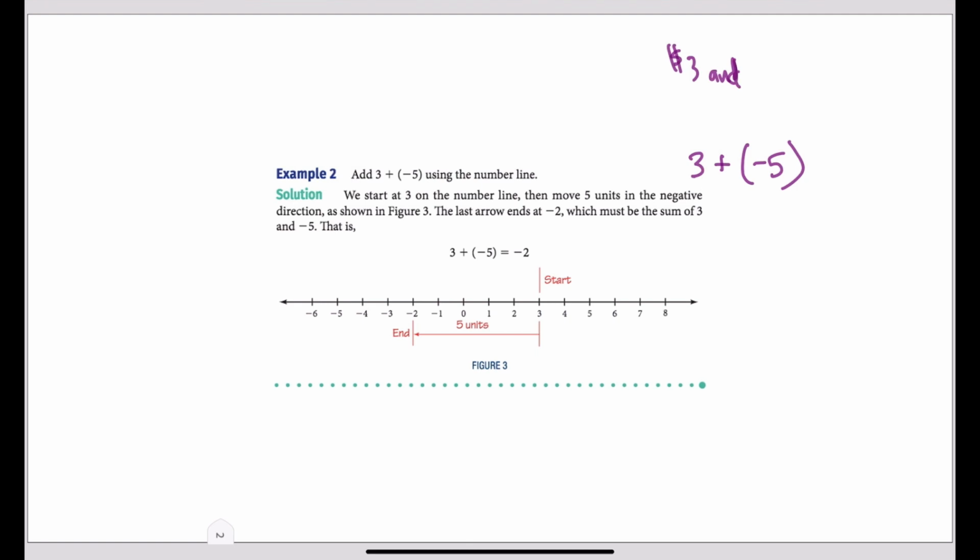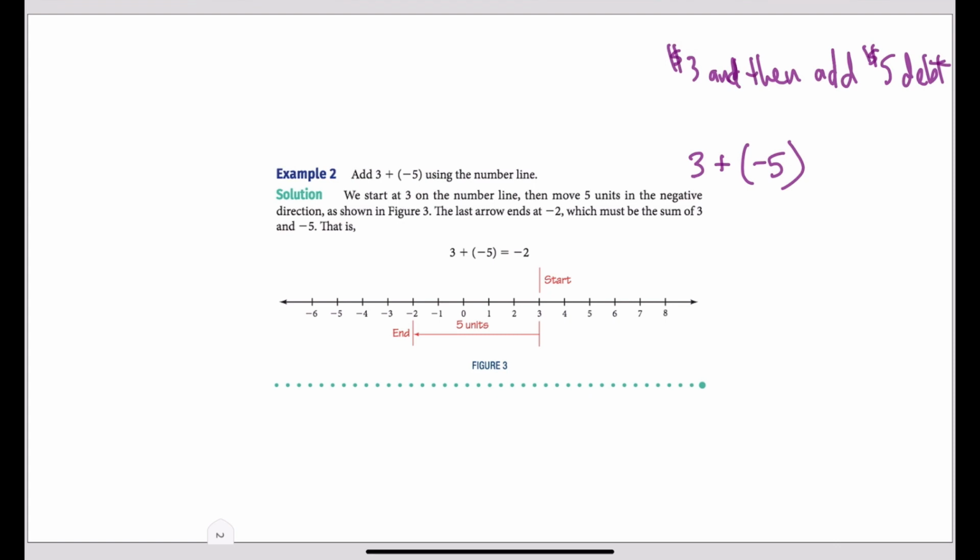All right, so if I have $3 and then I add $5 in debt, like let's say I borrowed $5 from someone else and I have $3 in my pocket, what's my net worth?